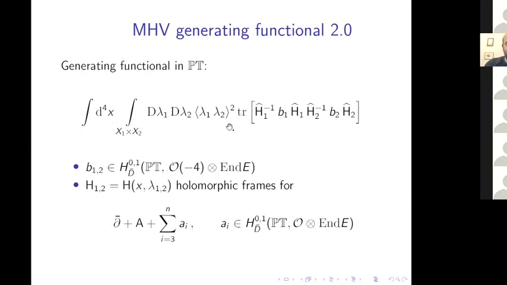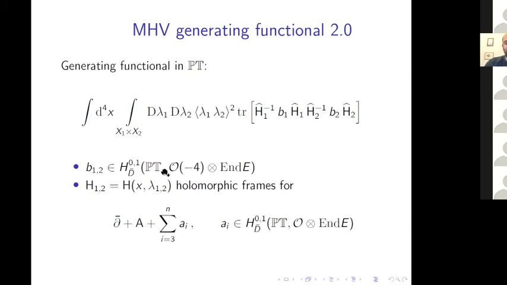It takes this form. So you have an integral over space-time, which in twistor language corresponds to an integral over the moduli space of these twistor lines, these degree-1 holomorphic curves in twistor space. And then you have some bit that's given by a bilocal integral over 2 copies of one of these twistor lines.